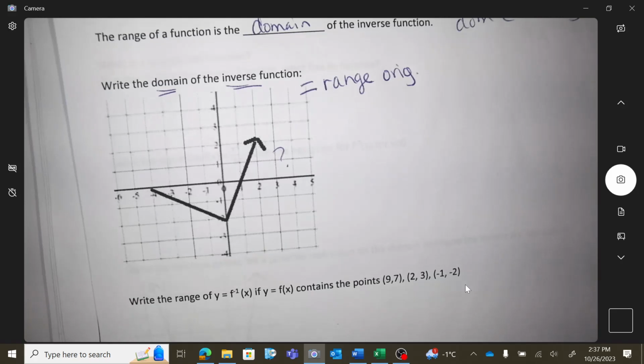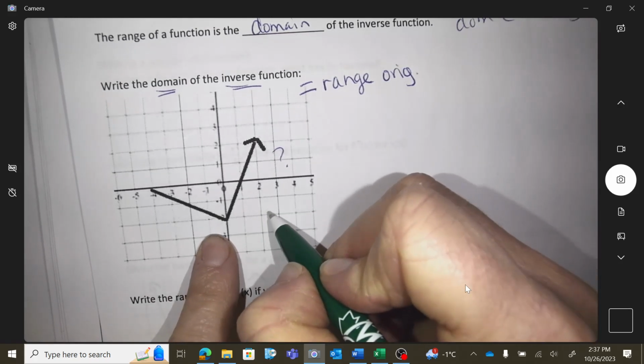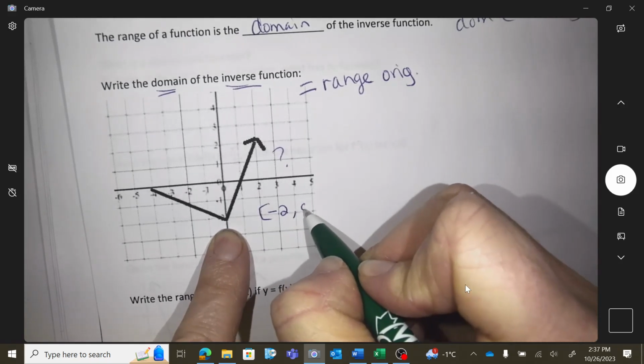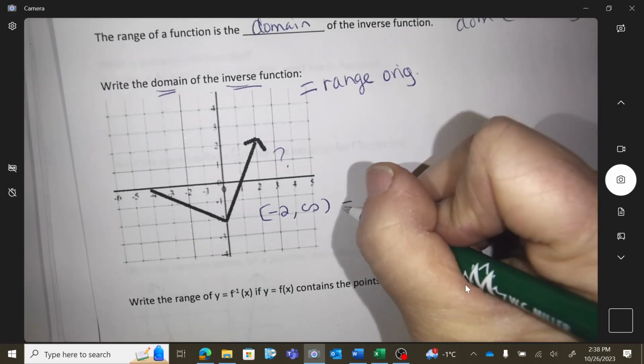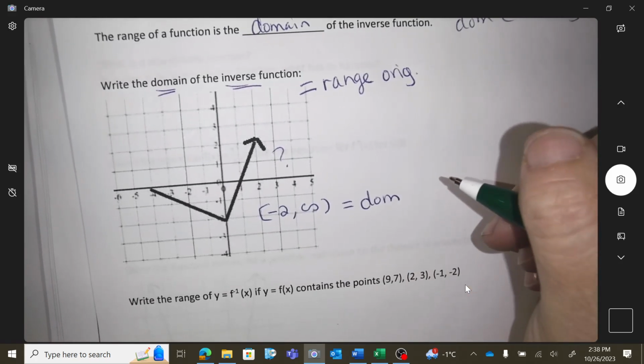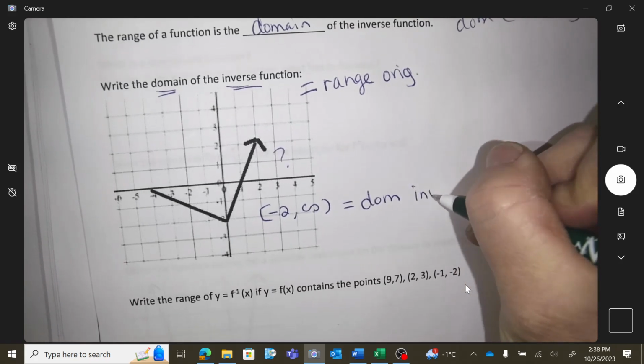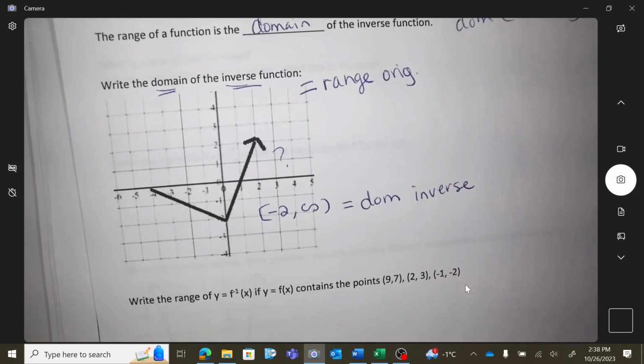So what is the range of this graph? What's the lowest to the highest? -2 to infinity is the range of that one, which would now end up turning into the domain of the inverse. Okay? So on a test, that shouldn't be a hard overthought question. You just have to understand that relationship.